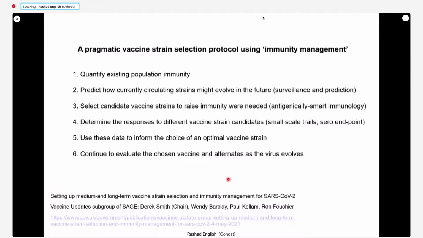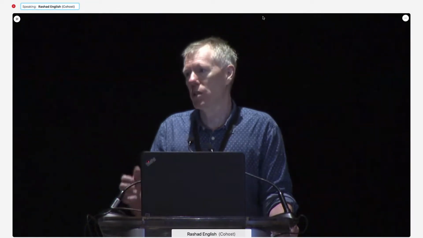Step 2, predict, computationally and experimentally combined, where the currently circulating viruses might evolve to in the future through a combination of surveillance and looking at rare variants like was shown with the parallel evolution, and also with experimental and computational prediction methods.